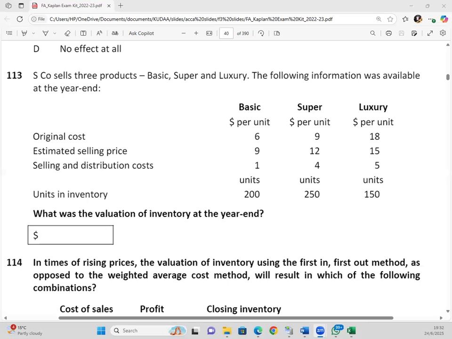What are you getting as your value of inventory? Let's be fast, we have other things to come.